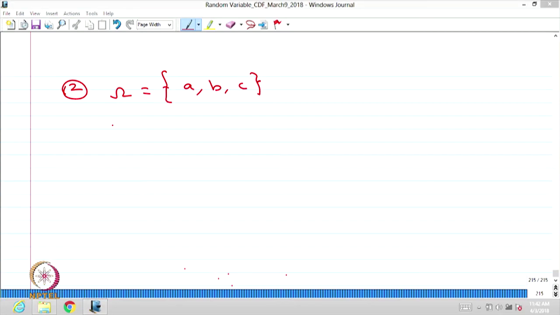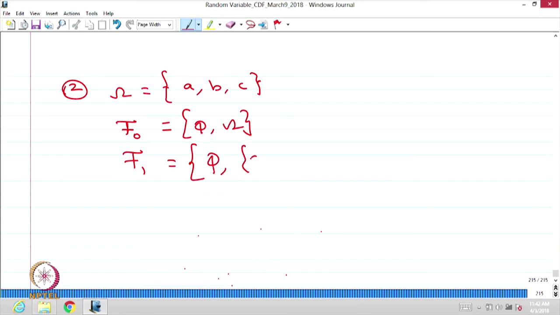Now we will go for creating the sigma field. The smallest one always is empty set and the whole set. Another sigma field which I can create: empty set, I take a singleton element A, B and C together.